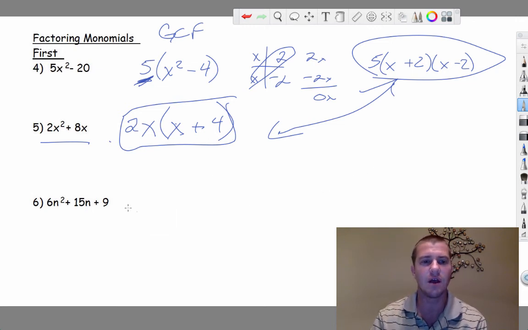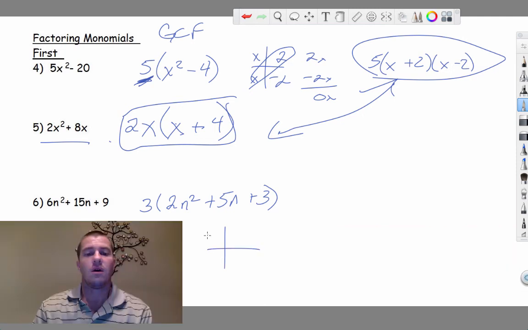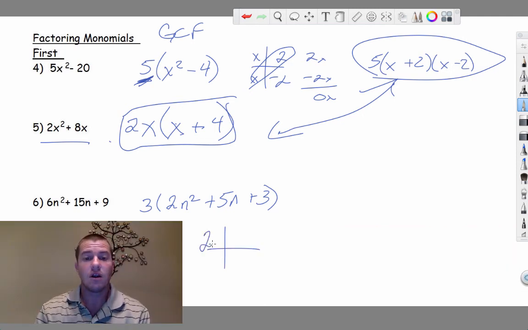And this last one, 6, 15, and 9 each have a common factor of 3. So I can factor out a 3, and I'm left with 2n squared plus 5n plus 3. Now this isn't my perfect square trinomial special, but you can go ahead and factor. 2n times 1n is 2n squared. 3 times 1, well, I can kind of see this is going to be 6, and this is going to be 1. 6 plus 1 is 7.